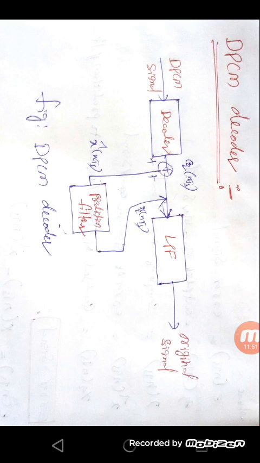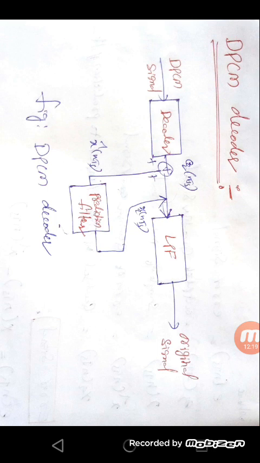The decoder performs the reverse operation of the encoder, and then the low pass filter provides frequency balancing. It provides frequency levels, either high frequency to low frequency or low frequency to high frequency, or it balances the signals from various frequency levels.